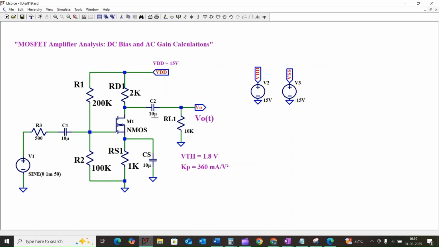And there you have it. We have successfully analyzed our MOSFET amplifier, confirmed its saturation operation and calculated the voltage gain. Remember, understanding both the DC bias and AC analysis is crucial for designing and analyzing amplifier circuits. Here the gain is negative.